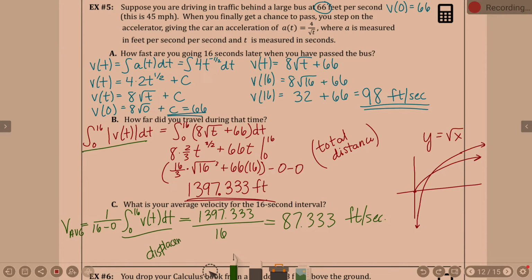I wrote displacement, but I could have also written distance: displacement divided by time, or distance divided by time. We good? Okay, moving along.